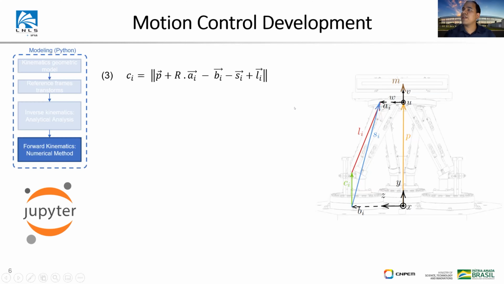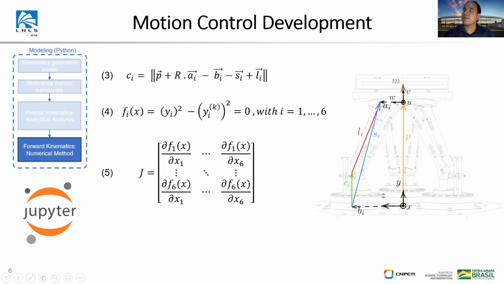So we had to define an error function based on the position of the actuators and the Jacobian matrix. Also, we defined a stop condition, which was the error function being less than a predefined error, or we would iterate at maximum 10 times.